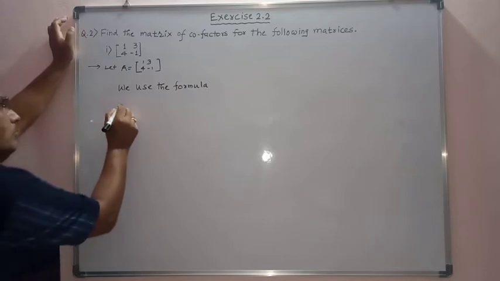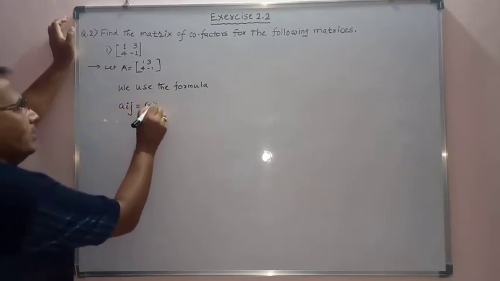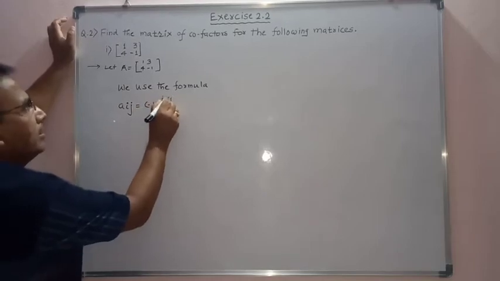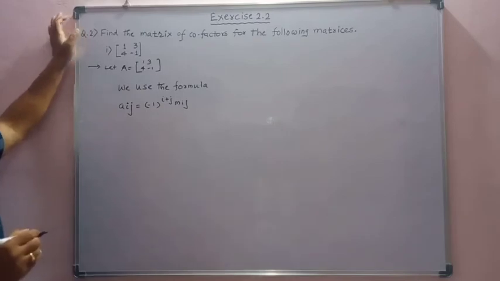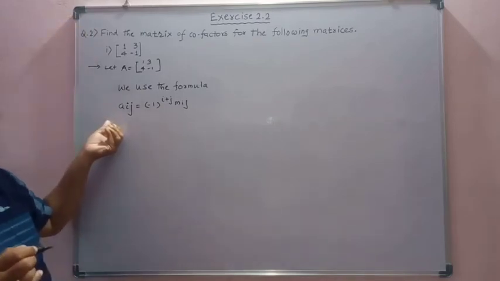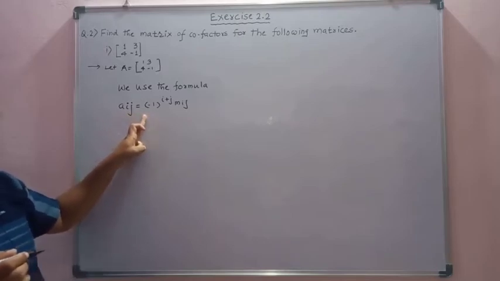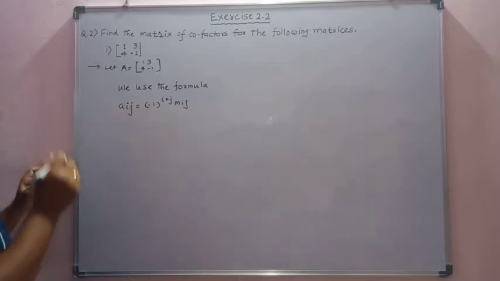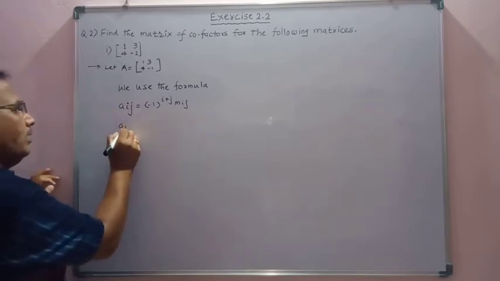Cofactor Aij equals minus 1 raised to i plus j into Mij. We use this formula to find the cofactors. Here i means row and j means column.